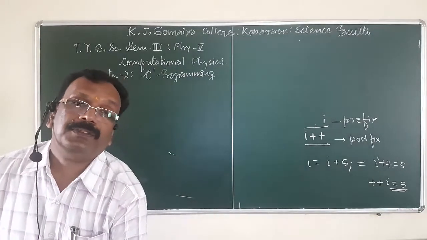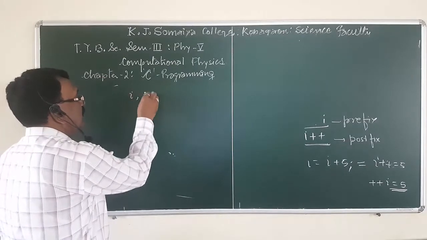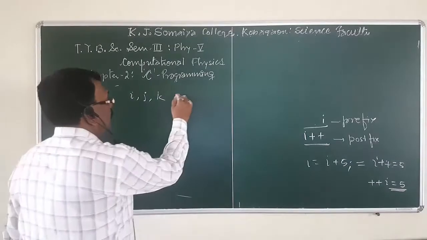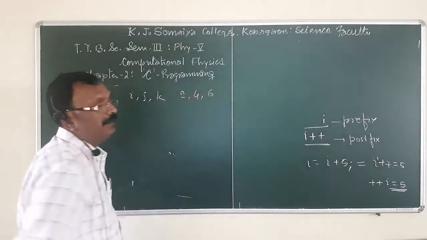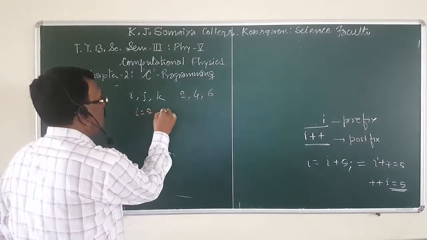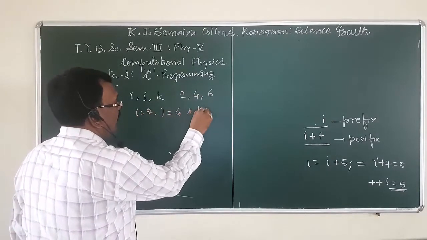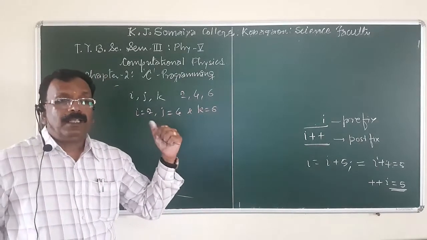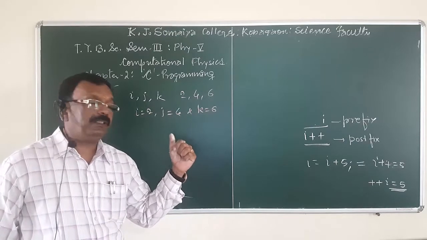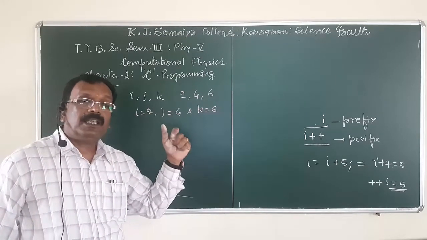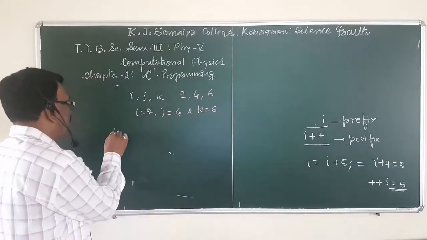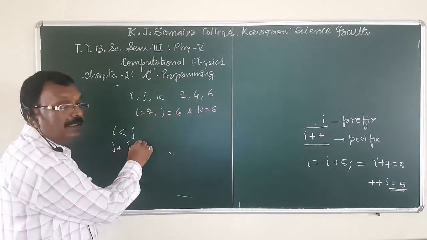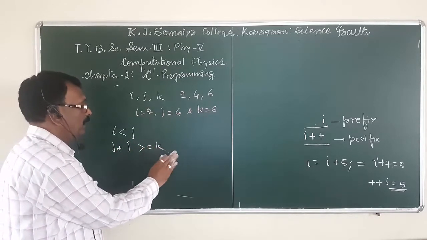relational operator. If there are three variables i, j and k and the values of these variables are 2, 4 and 6, that means i is equal to 2, j is equal to 4 and k is equal to 6. Then several relational expressions can occur like this. i is less than j, i plus j is greater than or equal to k.